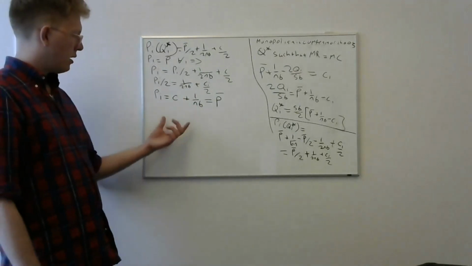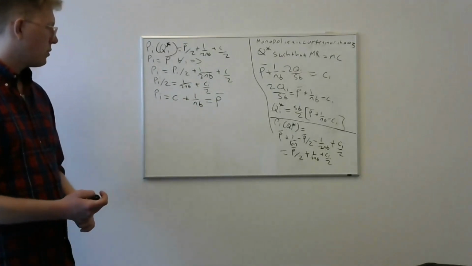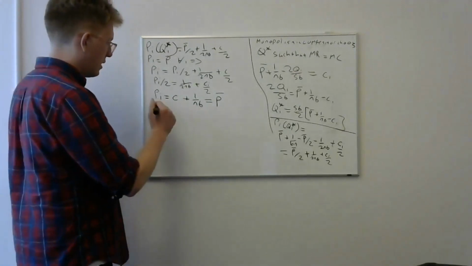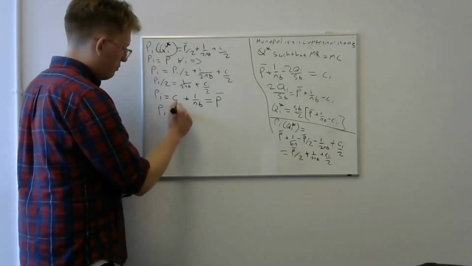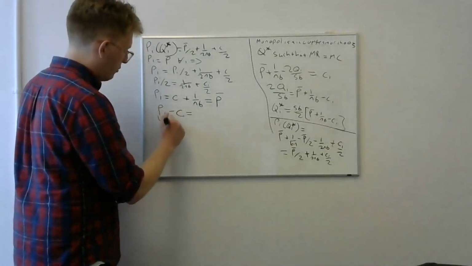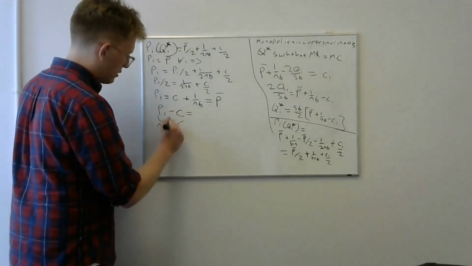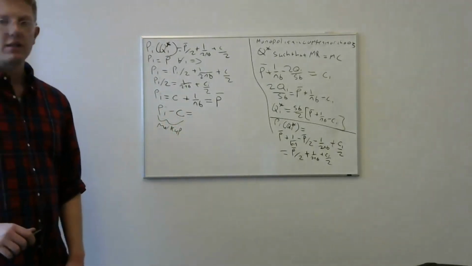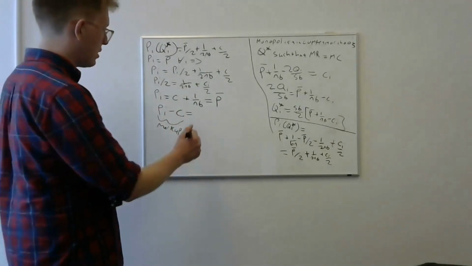So that's one thing. If we rewrite this as P_i minus c, sometimes this is called the markup, or the amount by which the price that the firm charges is greater than its marginal cost.